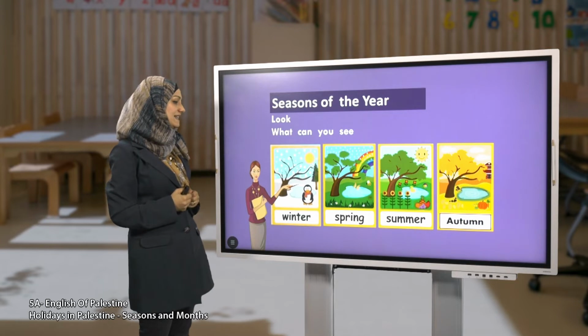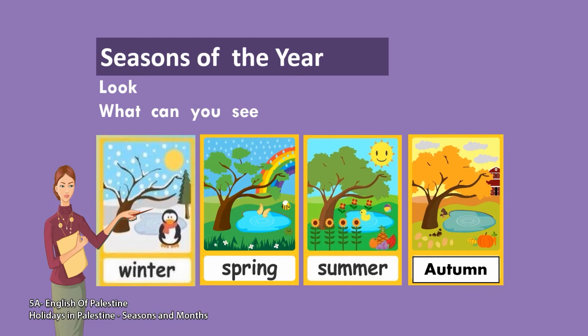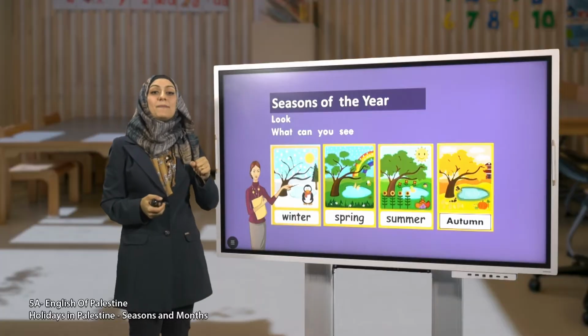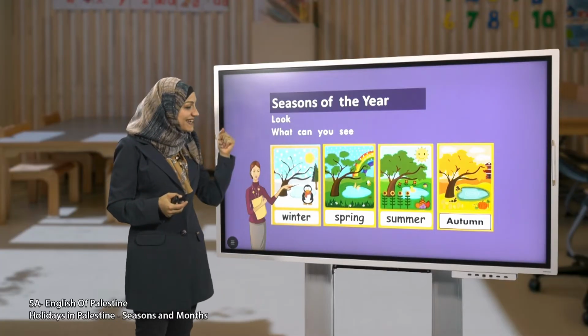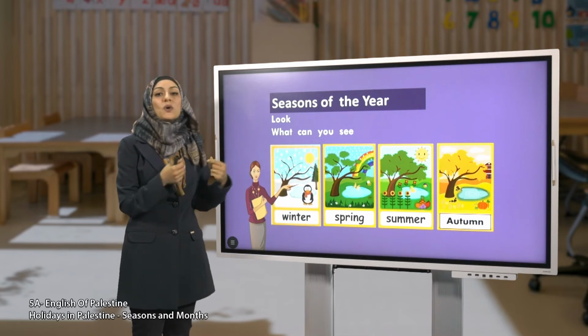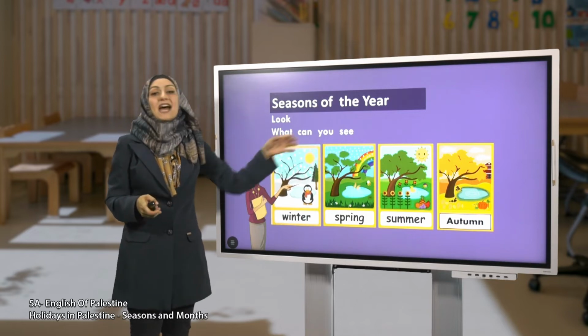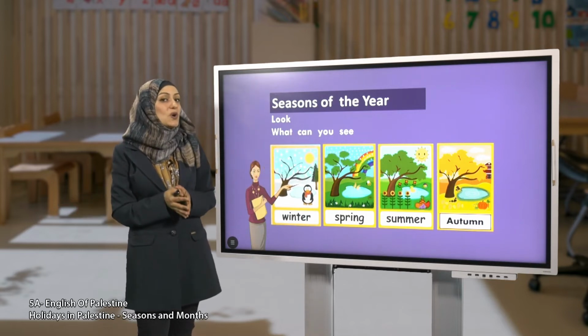Excellent, students. And now let's look at the second picture. It's the picture of spring. We all love spring. It's the season of flowering. We have flowers. We have cool breeze, butterflies, bees, and everything that we enjoy.